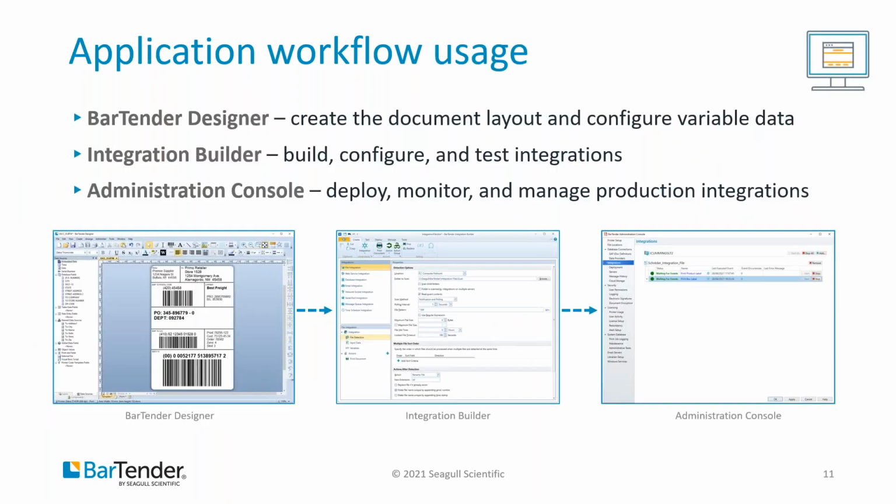Okay, so application usage. And this is the general workflow that you're looking at when you're setting up your integration. The first thing you'd want to do is, in the BarTender Designer, design your document. In particular, set up your variable data sources, whether this is for record data or named data sources for key value pairs.